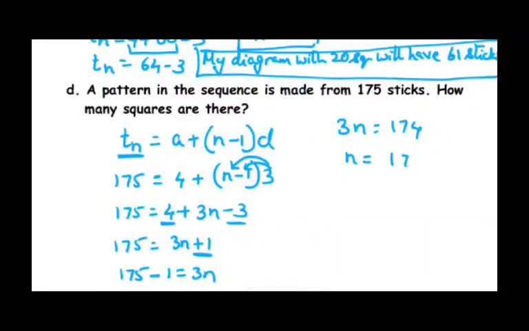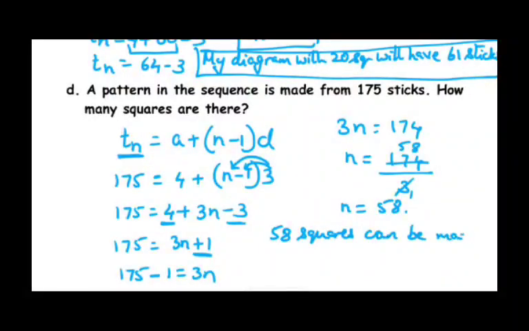N is equal to 174 divided by 3. 3 1s are 3, 3 5s are 15, remainder 2, 24, 3 8s are 24. So how many squares will have 175 sticks? 58 squares can be made with 175 sticks.